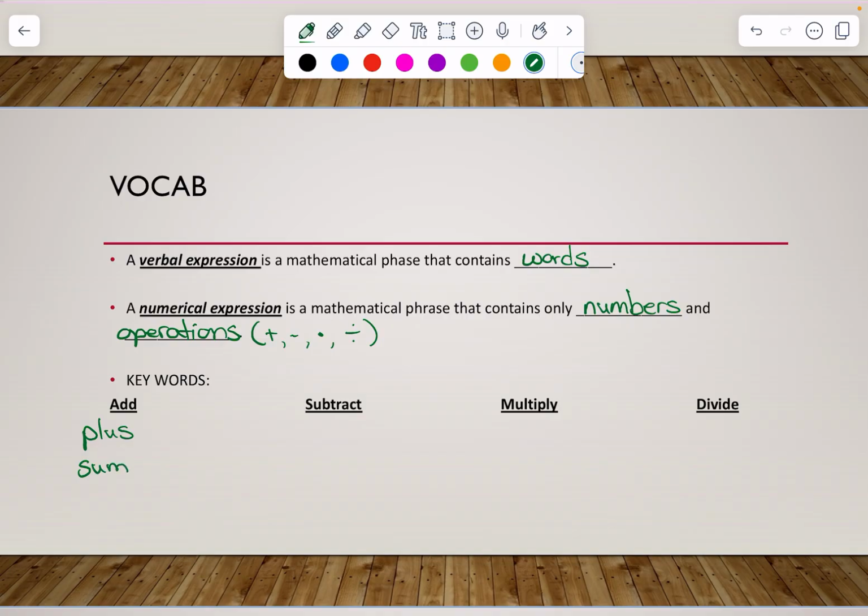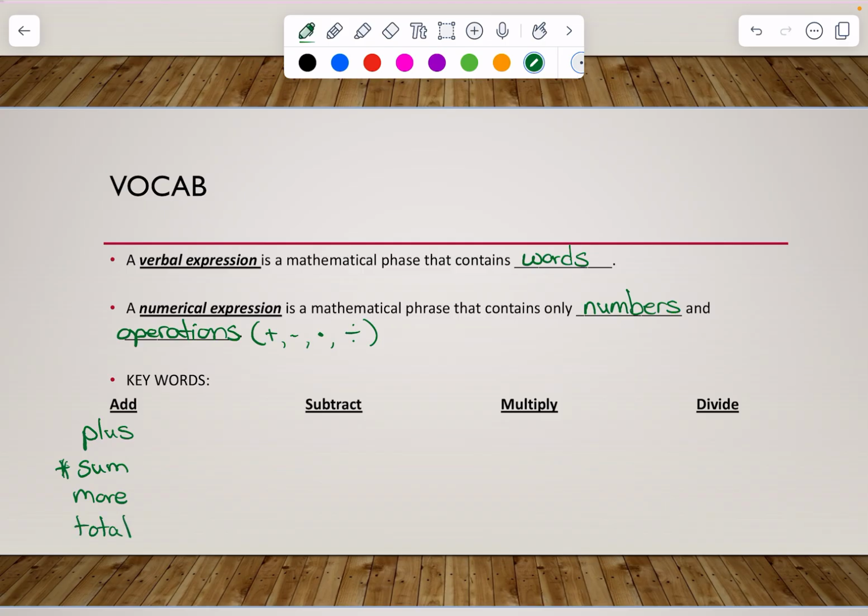One of the main keywords that we see is sum. That means addition. More than. You've got things like total, maybe.